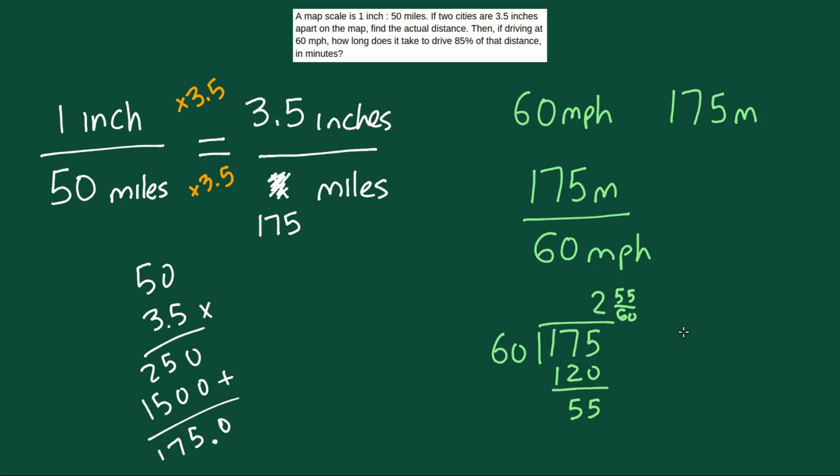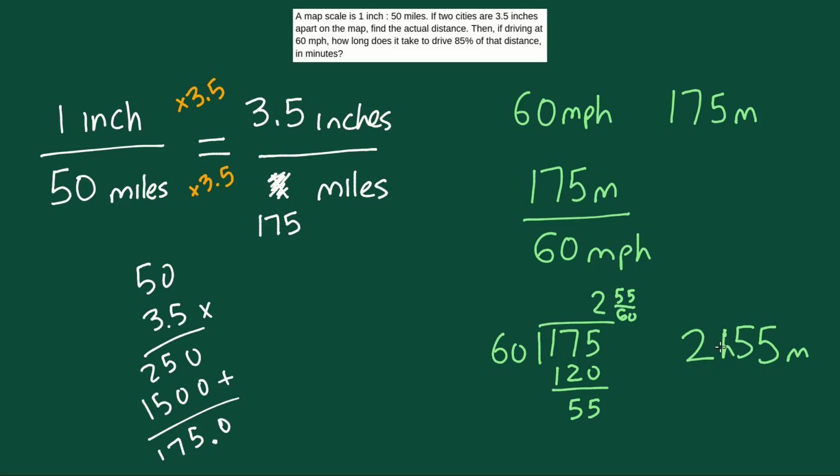So this part right here, what does this tell us? Well, this says if we're driving 60 miles per hour, it would take us 2 hours and 55 minutes to drive 175 miles. So in minutes, what would this be?